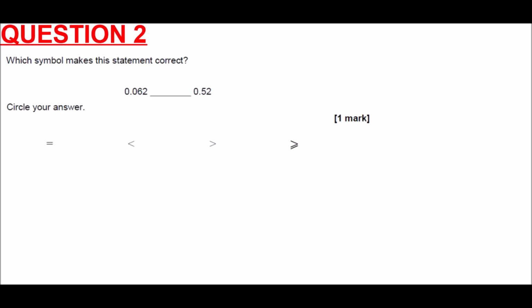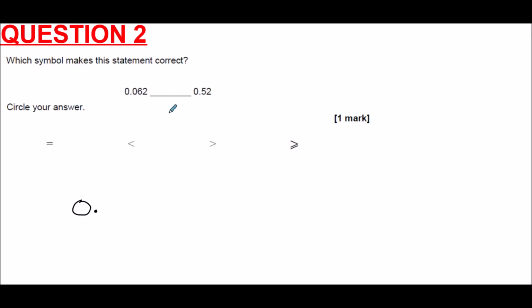Question 2. Which symbol makes this statement correct? So we've got two numbers, 0.062 and 0.52. And so, which of those numbers is the biggest? Well, if we round off the numbers to 2 decimal places, it looks like money.